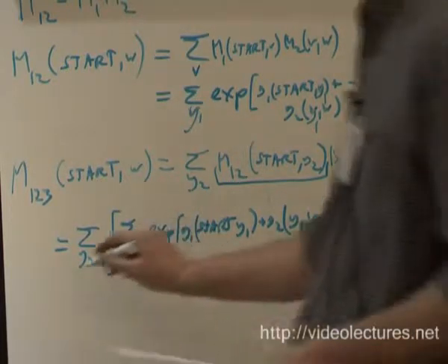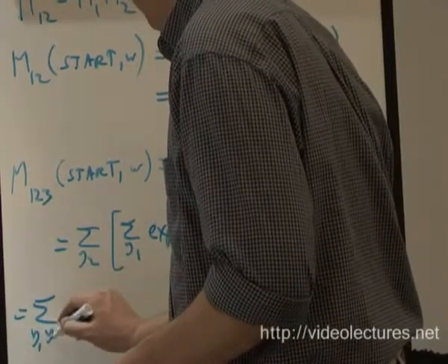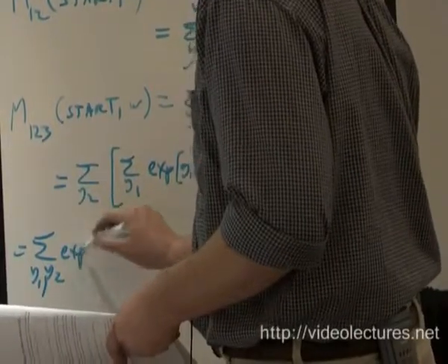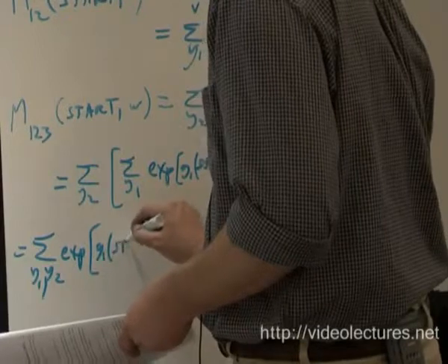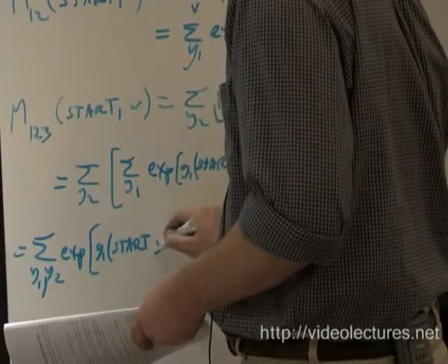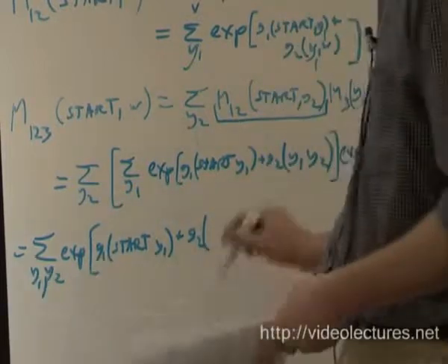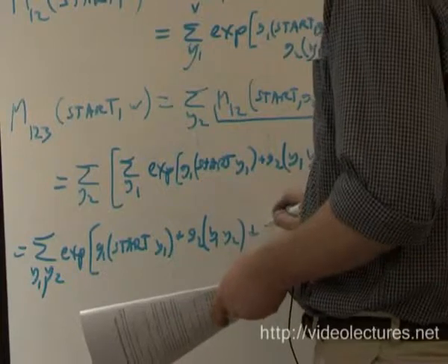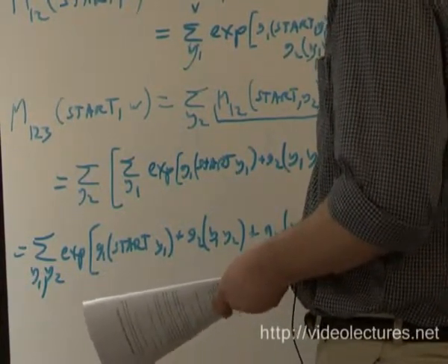So this is the sum over y1 and y2 of exponential of g1 start y1 plus g2 y1 y2 plus g3 y2w.